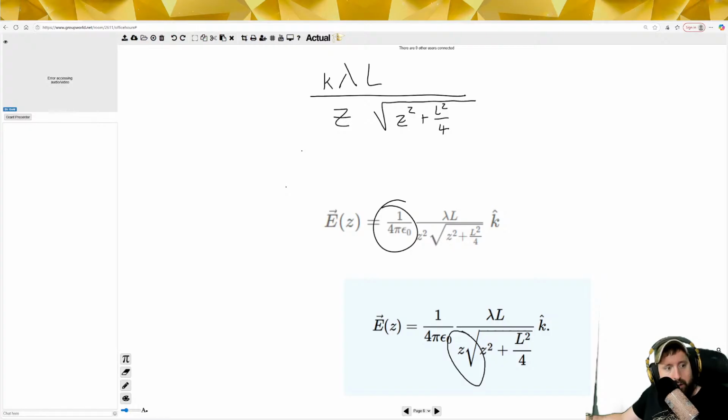And a fraction lambda L. Oh, man, where was this in it? Okay, cool.